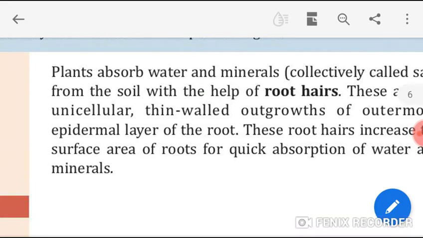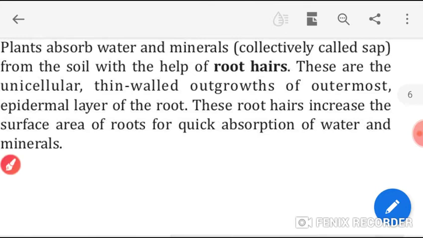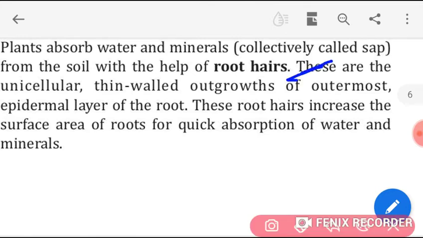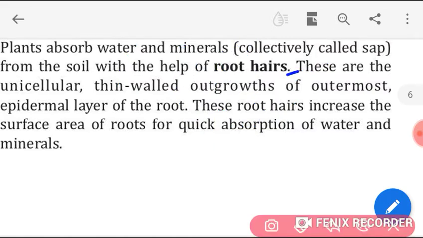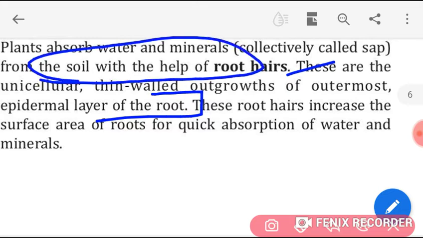From here you will write: root hairs are the unicellular thin walled outgrowths of the outermost epidermal layer of the root. The first part I told you was the work of root hairs. What is the root hair? The answer is here. Okay.